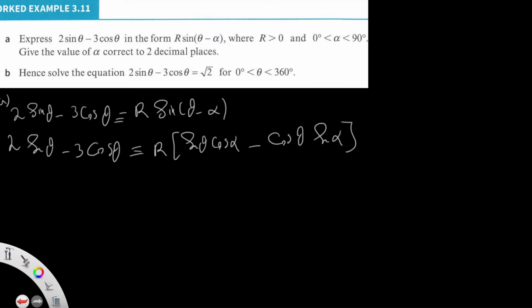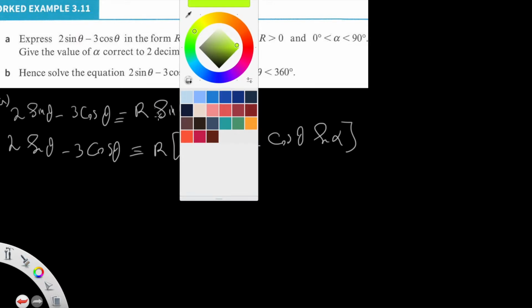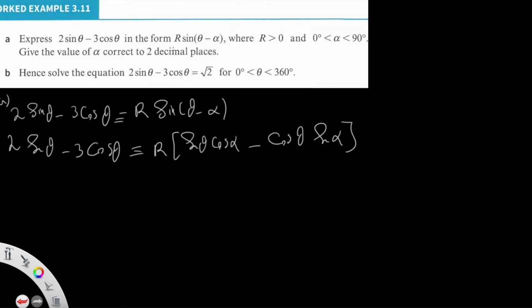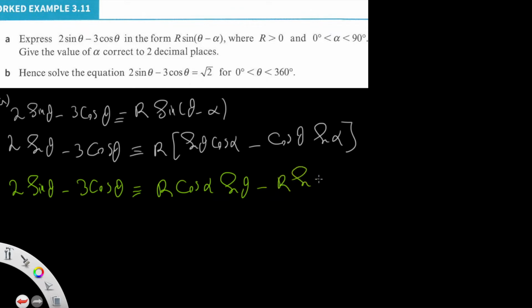Now I multiply by r. I write first cosine of alpha, then sine of theta, because it will be easier to compare the left hand side and right hand side, minus r sine of alpha cosine of theta.